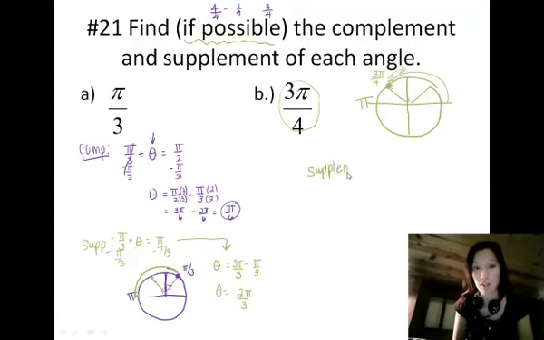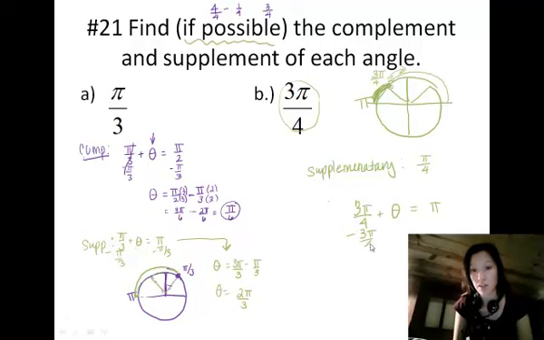We need to figure out the supplementary angle. So it's this piece right here. And again, you can probably visually see it. It's going to be pi/4 is what we really have left to go to get to that pi. But let's go ahead and calculate that. So we do know that 3/4 needs to be added with some sort of unknown angle in order to equal pi.